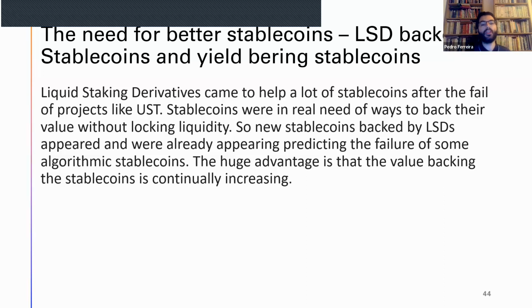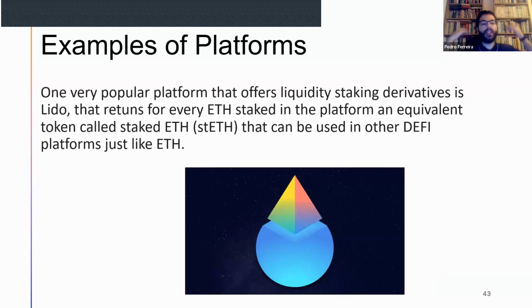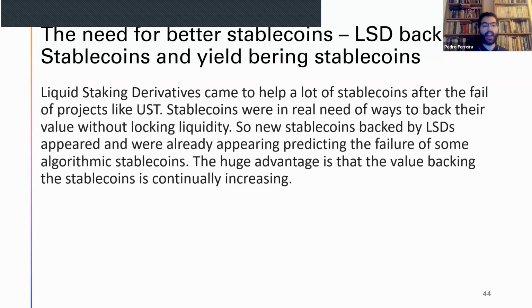Imagine that you have one staked Ethereum. You can mint, just like you did with DAI, where you deposit Ethereum and they give you DAI, which is a stablecoin. So you deposit one Ethereum, let's say worth 1.5K dollars, and you can borrow a stablecoin against that LST, which is a highly valuable collateral. Ethereum is a highly liquid asset, which means you are backing your stablecoin with an asset that does not depend on the real world.